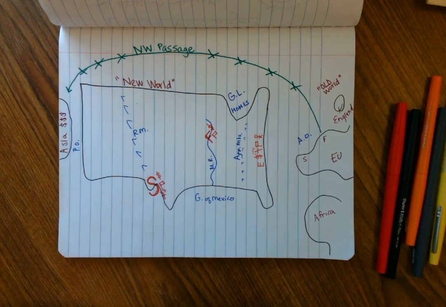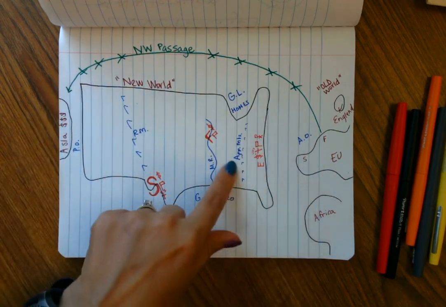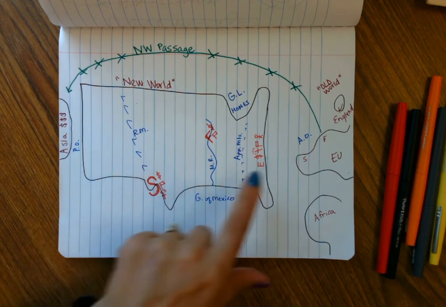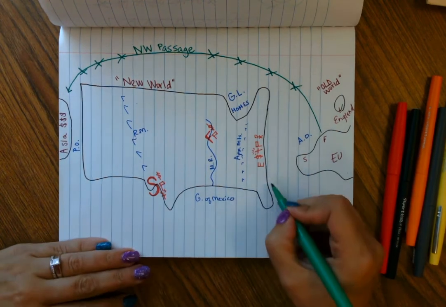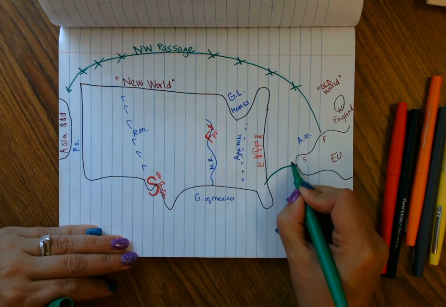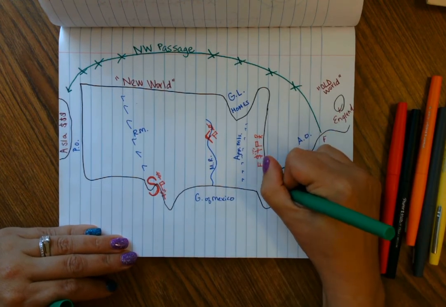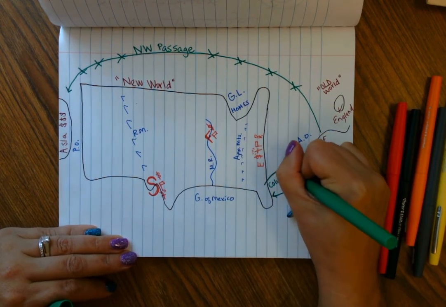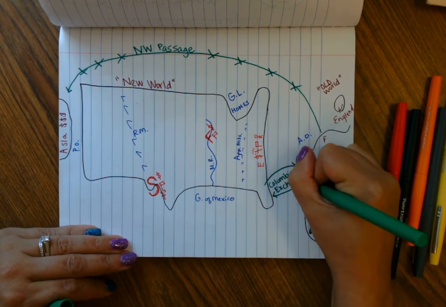All right, besides that, with our explorers knowing that they didn't get to Asia, they are going to exchange between our old world and our new world. And this, of course, is going to be our Columbian exchange. Right there.